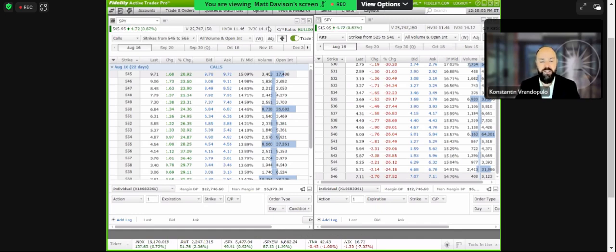So it's not just driven by the fact that there's more fear out there, more demand for puts, therefore implied volatility is rising. It is also rising because the at the money strike is sliding towards a higher current implied volatility as it exists on the board. Okay. Matt, back to you, sir.